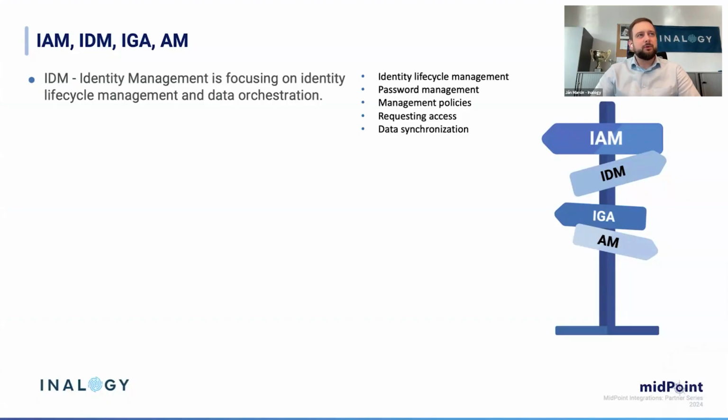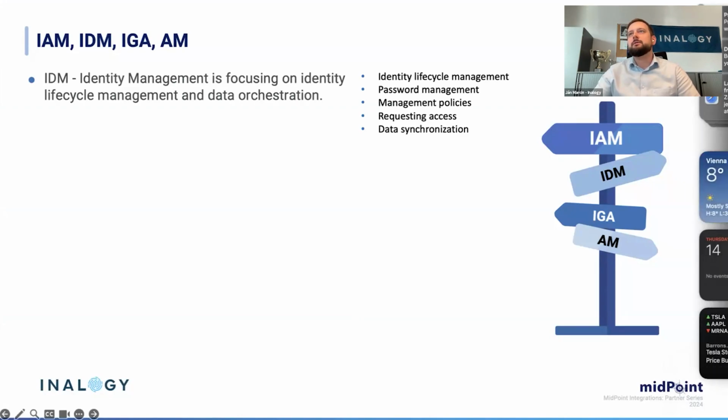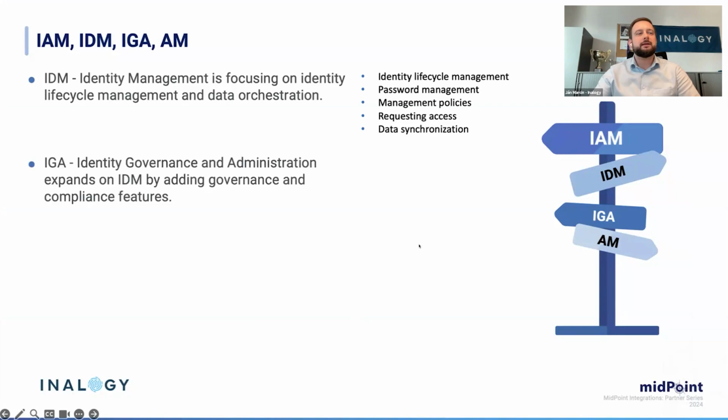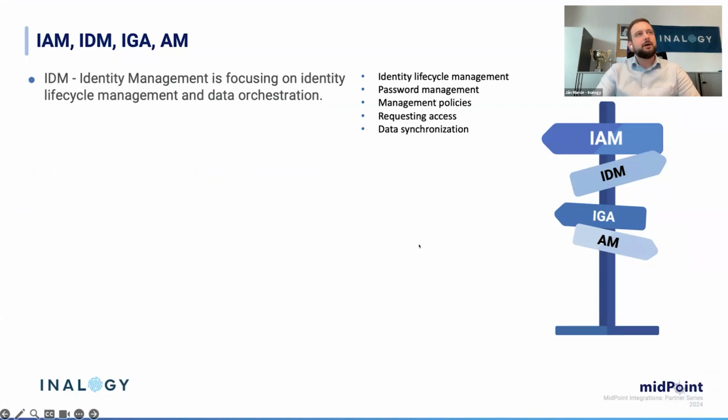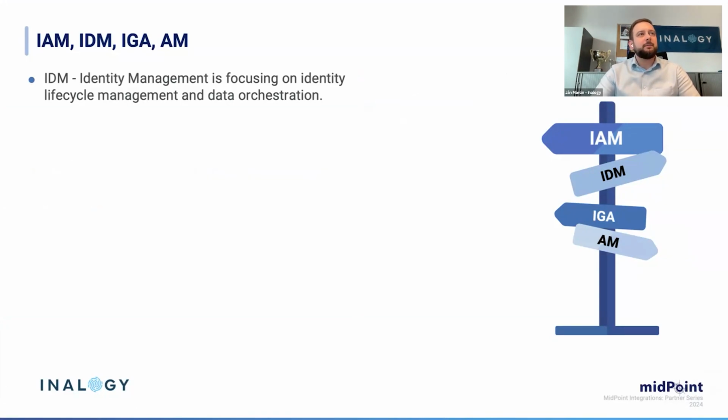I would like to start a bit broader, a bit theoretically, and do some explanation on the most commonly used terms or abbreviations in identity and access management. Let's start with IDM, the abbreviation for identity management, which focuses on lifecycle management and data orchestration.